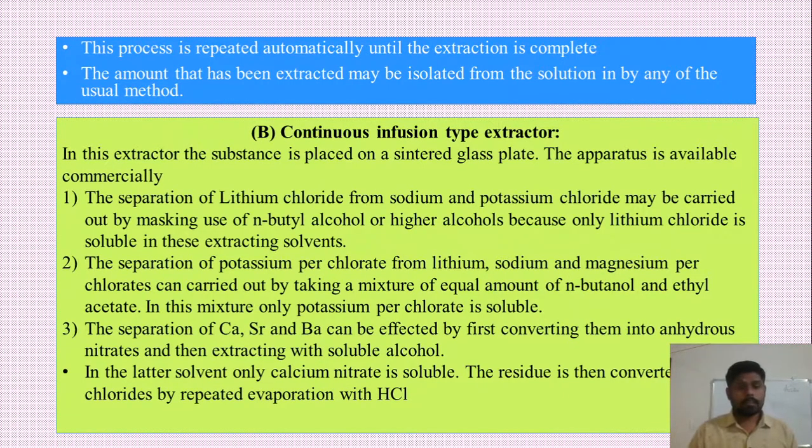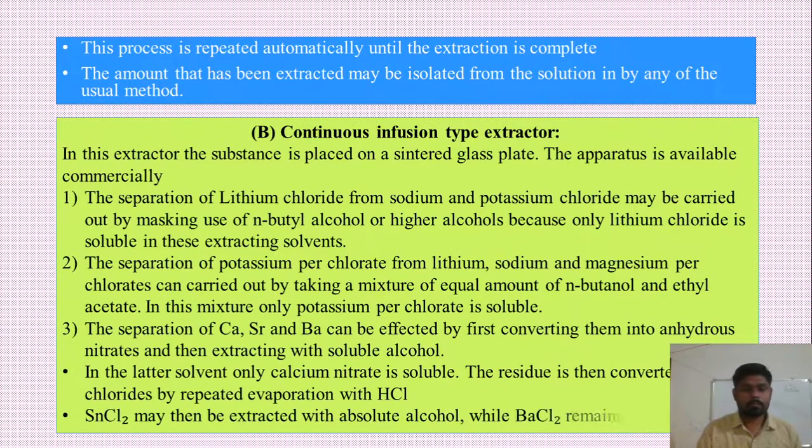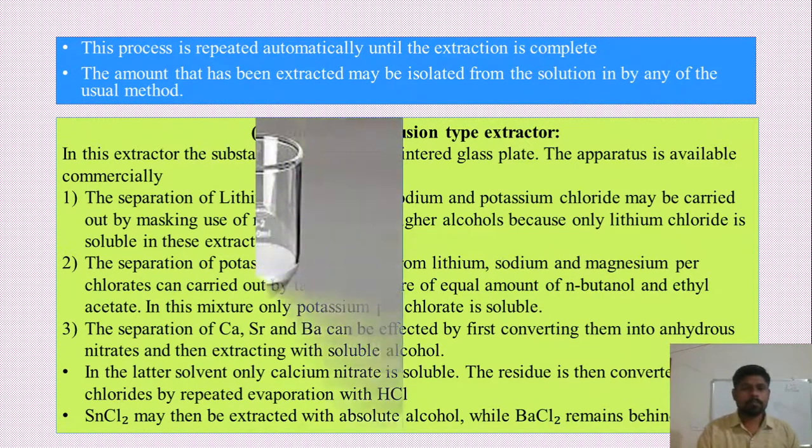That means in calcium, strontium and barium, when they are converted into nitrates, only calcium nitrate is soluble. The residue is then converted into chlorides by repeated evaporation with HCl. When you react with HCl, the nitrates are converted into chlorides. That is SrCl2 may then be extracted with absolute alcohol, with BaCl2 remaining behind.